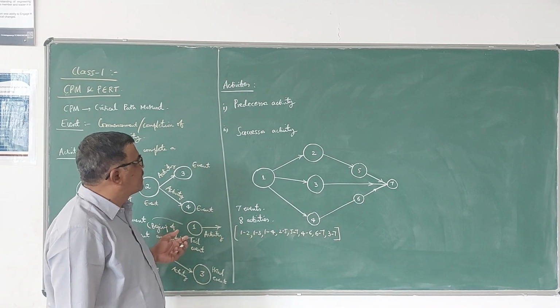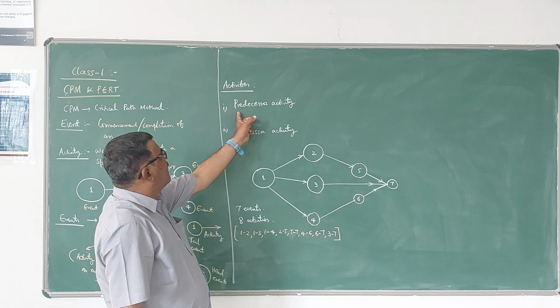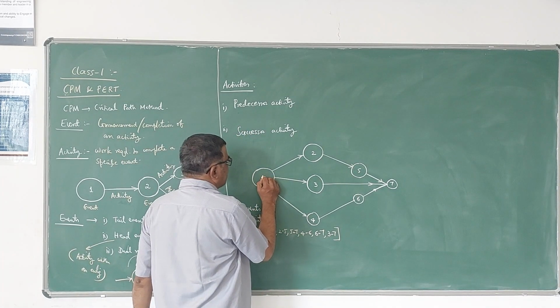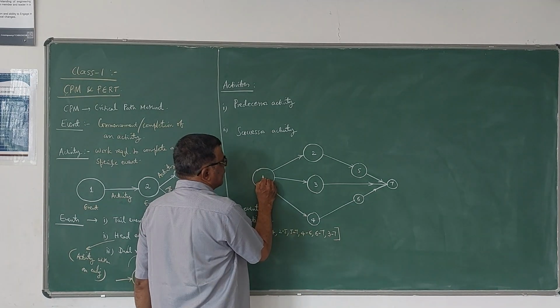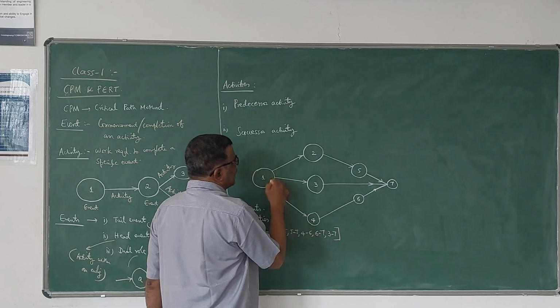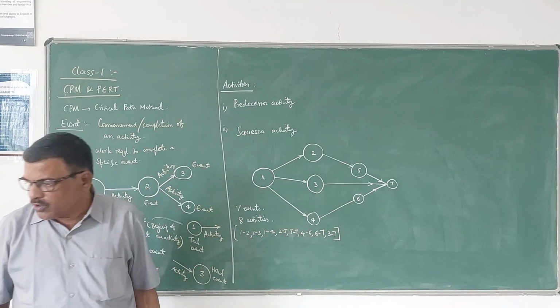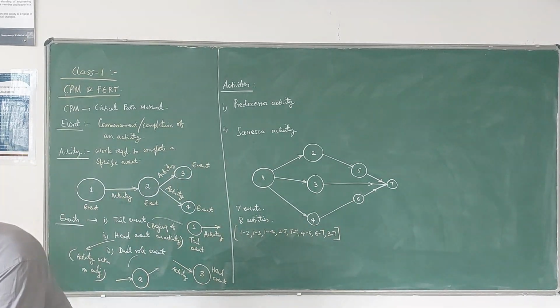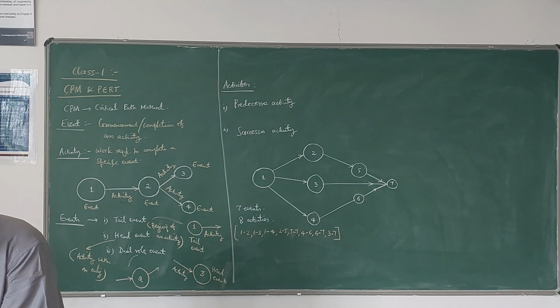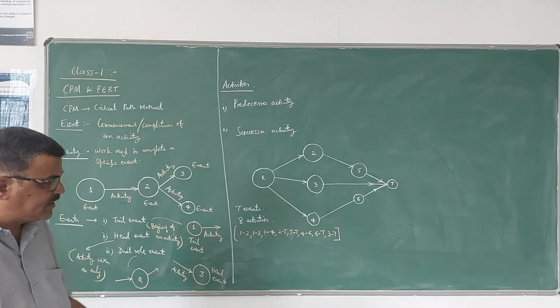if you want to define a predecessor activity, this 1 becomes a predecessor activity. This becomes a predecessor activity to 2 actually. Okay. So here predecessor activity as well as events. You can take it as events also.